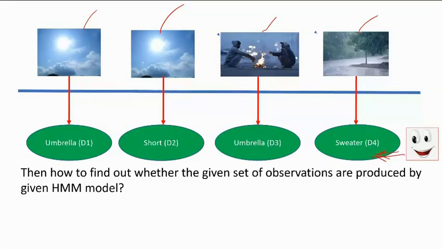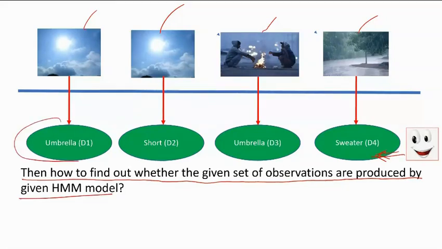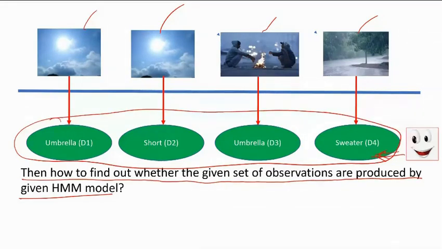Then the question is how to find out whether the given set of observations is produced by this given HMM, whether this sequence is produced by our model with A, B and pi.